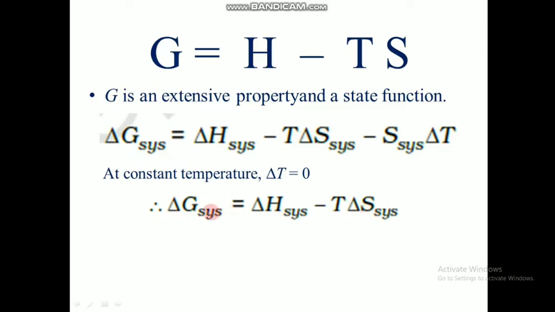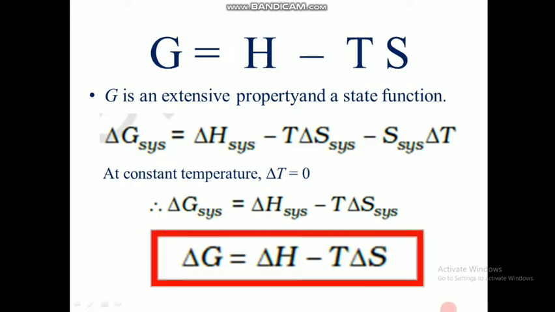And when we drop the subscript system, we get the equation for delta G, or change in free energy: delta G is equal to delta H minus T delta S. This is a very important equation of thermodynamics which gives us the expression for free energy.